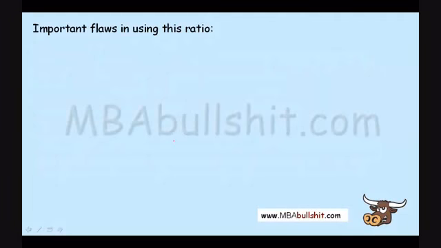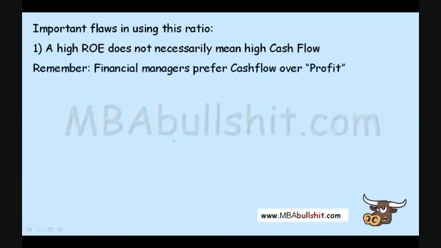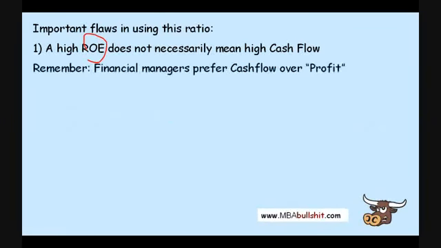Now, there are still some important flaws in using this ratio. Some things which make it not perfect, or some will even say make it wrong to use it. First of all, a high ROE does not necessarily mean a high cash flow. Why? Because the ROE formula uses profit instead of cash flow.